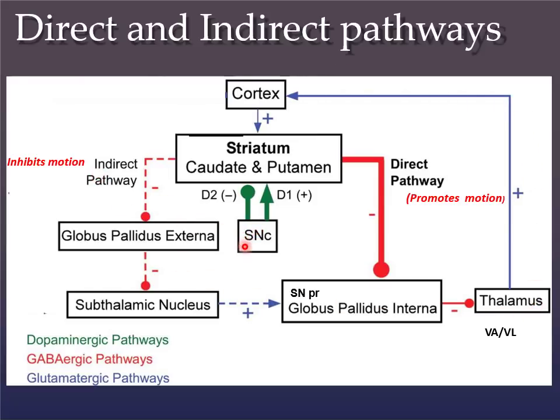However, the substantia nigra, which offers this nigral striatal pathway, provides dopaminergic input to the striatum. And here, the D1 inputs, that is the receptors are D1 receptors, are excitatory to the direct pathway so that it continues this net excitatory input.